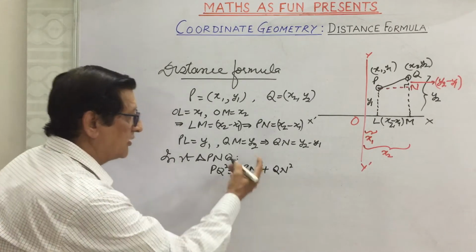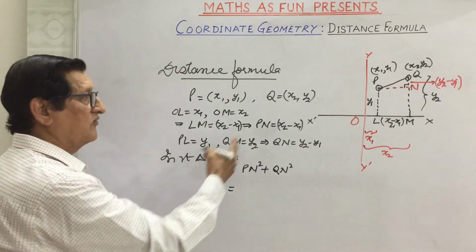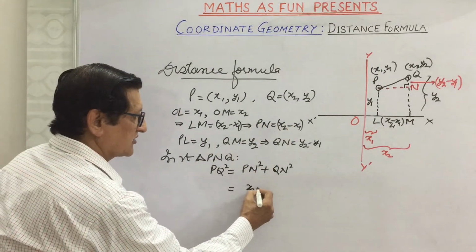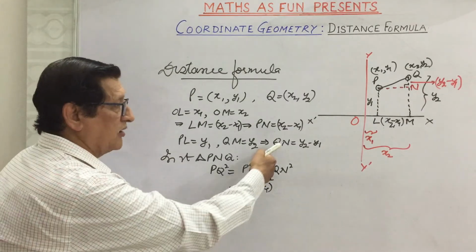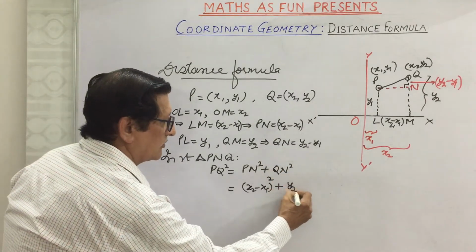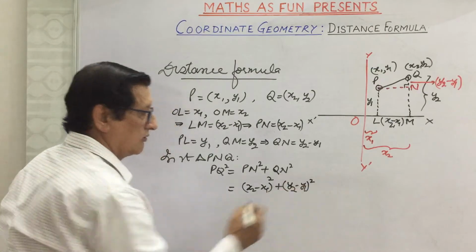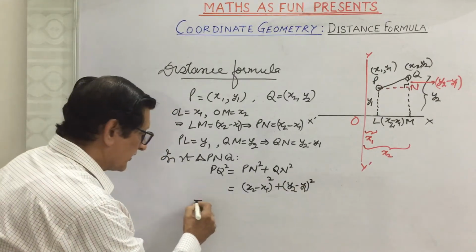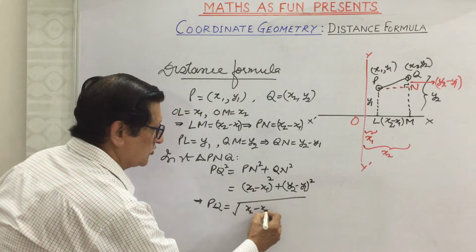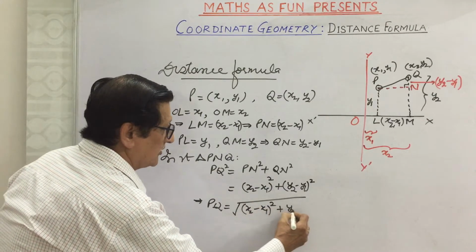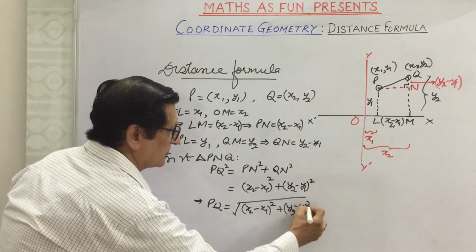What is PN? PN we have found this is x2 minus x1. What is QN? That is y2 minus y1. It means what is PQ? PQ is root of x2 minus x1 square plus y2 minus y1 square, or not?